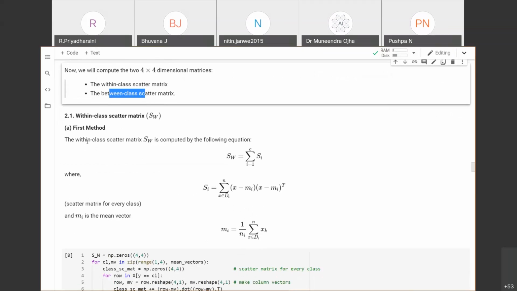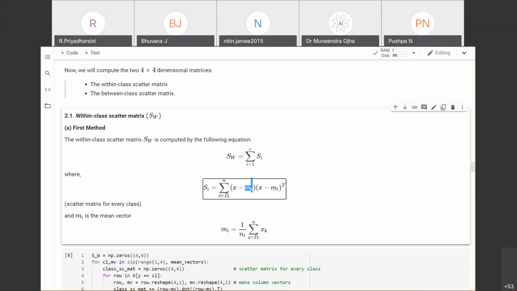In the first method, the within class scatter matrix SW is computed by the following equation: SW is a summation over C classes of Si, where Si is given as, for all samples x in the d-dimensional space, (x minus mi)(x minus mi) transpose, where mi is the mean vector for a given class. This we have already computed. So using these formulas, we can calculate the within class scatter matrix like this.